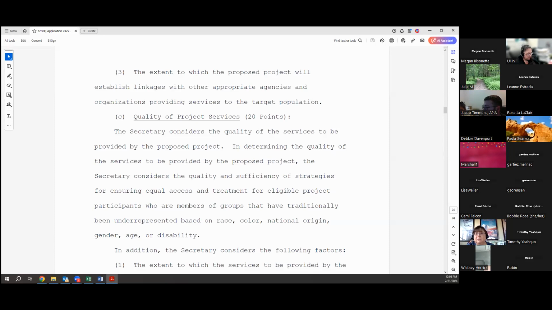Yeah, there's questions about the page number requirements. It's been years that there's actually been a page number requirement. I have not seen one on this announcement.